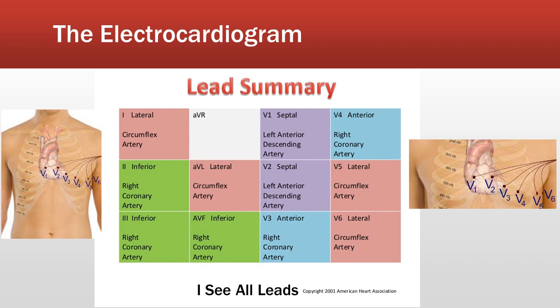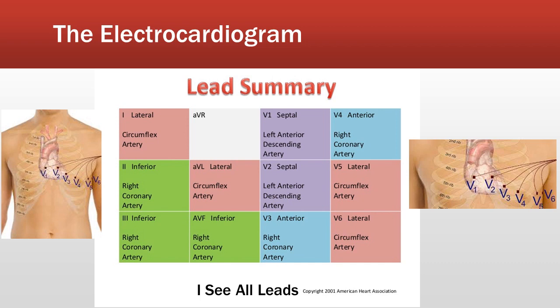If you go up one intercostal space, you'll be in the 4th intercostal space, and you'll move to the left sternal border and place V2. Then you'll scoot over to the right sternal border, 4th intercostal space, for V1, and then you'll place V3 in between V2 and V4.